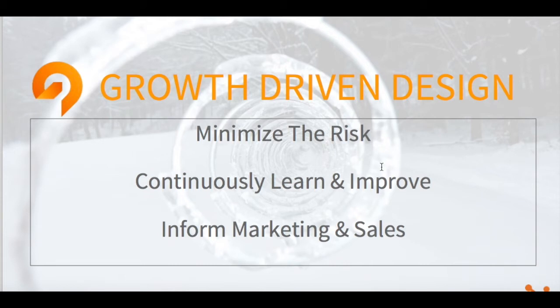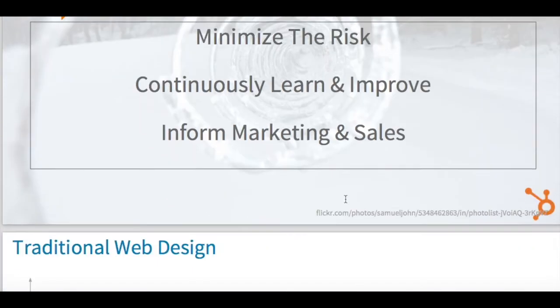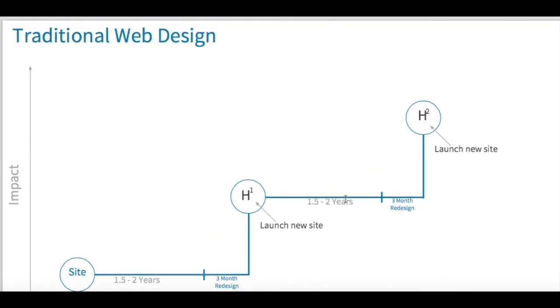What they do is they start looking for ways to cut the fat, the things that aren't working, minimize their risk for new ideas they're launching, continuously learn from those ideas and improve their website as a result, and let everything they do from a website change inform marketing and sales, and let the challenges that marketing and sales are facing inform what gets built on the website. That's at the highest level what growth-driven design is all about.